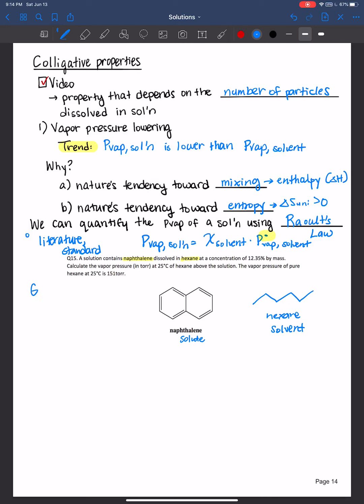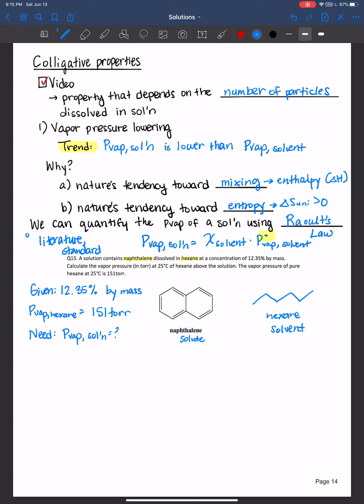And we are given that it is 12.35% by mass of naphthalene in hexane. And we are asked to calculate the vapor pressure of the solution. And they give us the vapor pressure of the solvent, which is hexane, at 25 degrees Celsius equal to 151 torr. And we're trying to find the vapor pressure of the solution after we add the naphthalene.